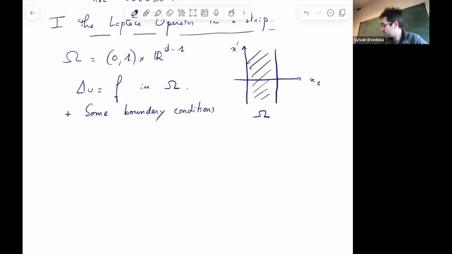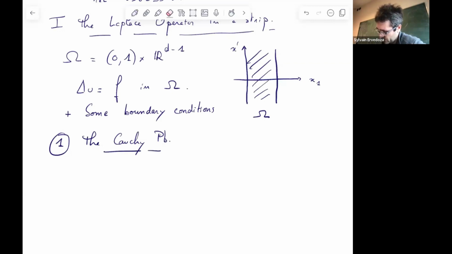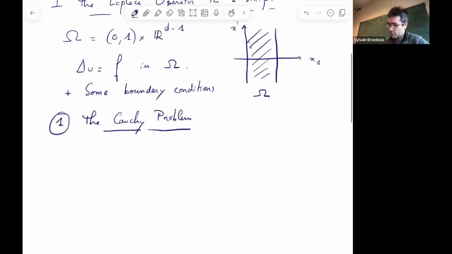Okay, so I will discuss first the Cauchy problem. So the Cauchy problem is the following.